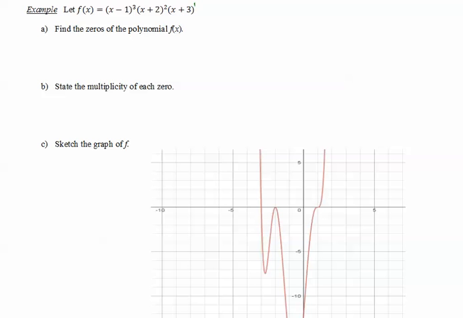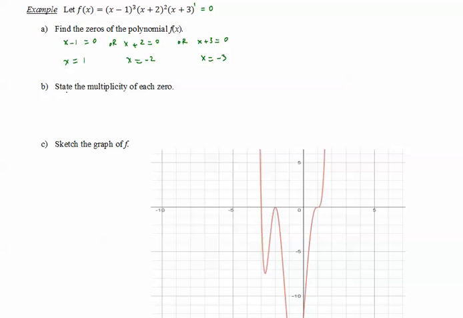The question is, let's find the zeros of this polynomial. If we set the whole function equal to 0, then we have either x minus 1 equals 0, or x plus 2 equals 0, or x plus 3 equals 0. So the zeros will be x equal 1, x equal minus 2, x equal negative 3.